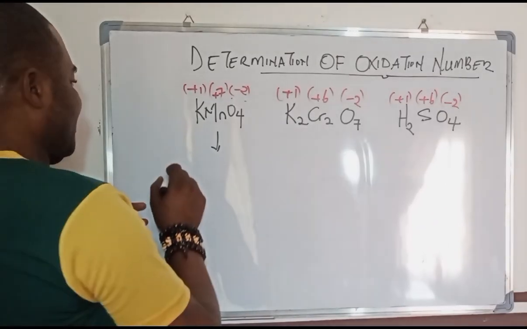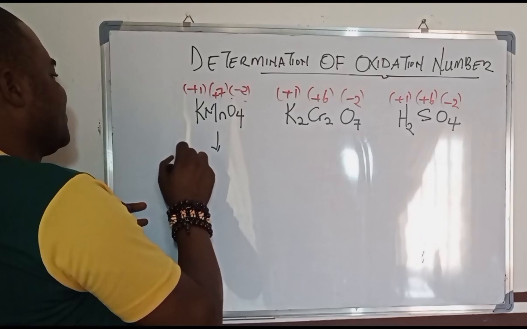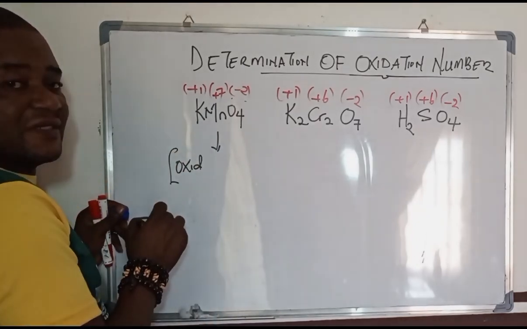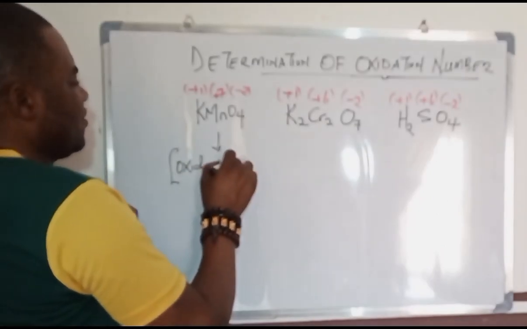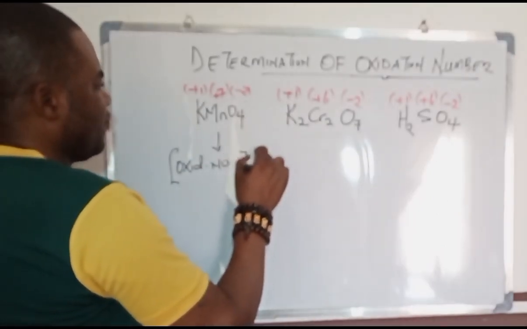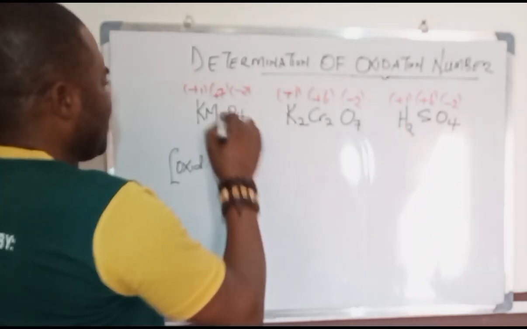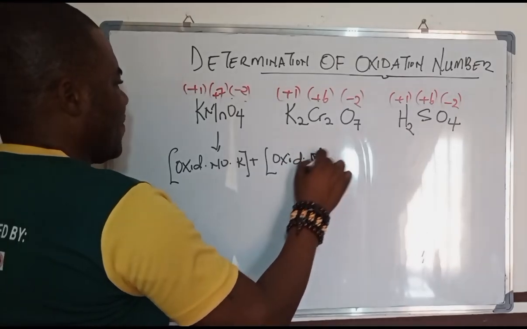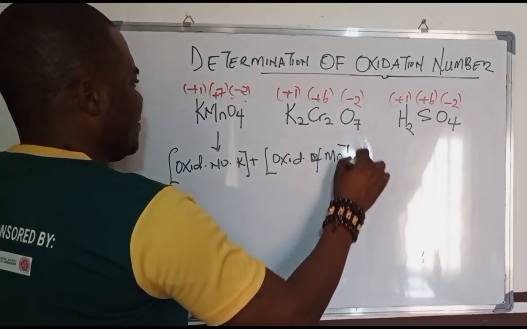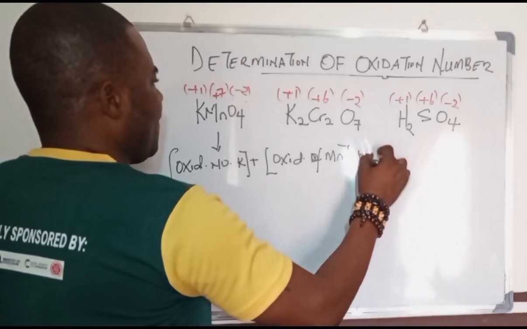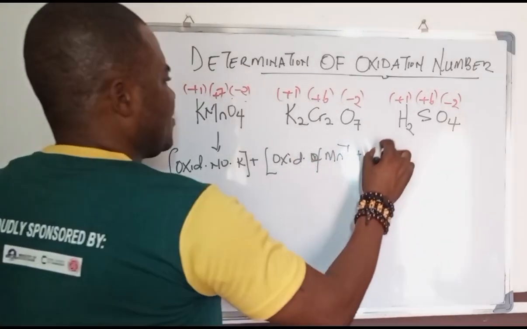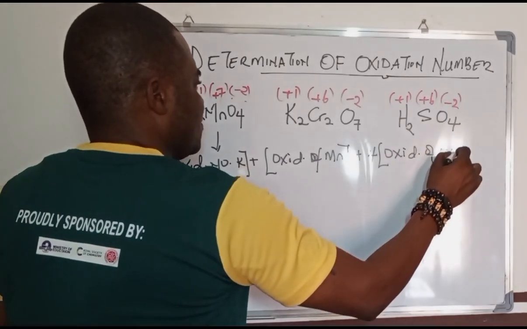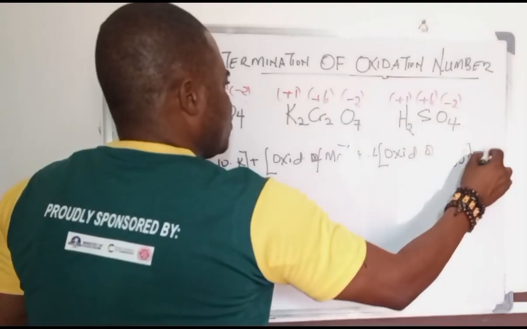We will have the oxidation number of potassium plus the oxidation number of manganese plus 4 times the oxidation number of oxygen equals 0.